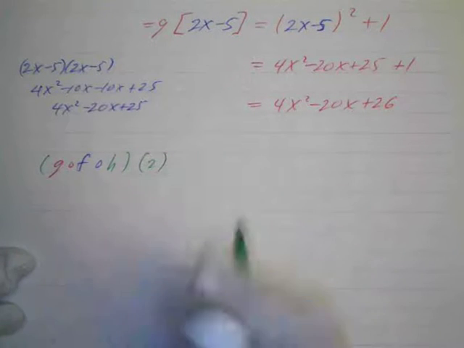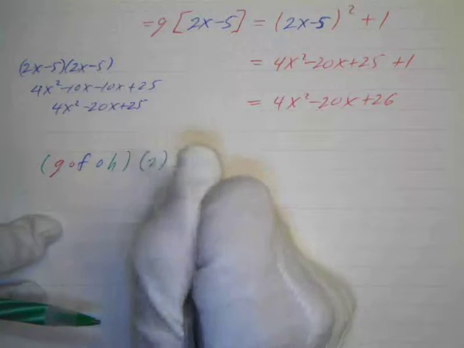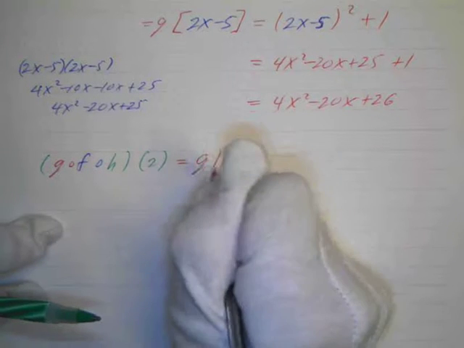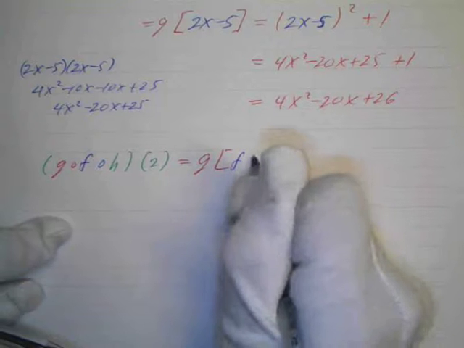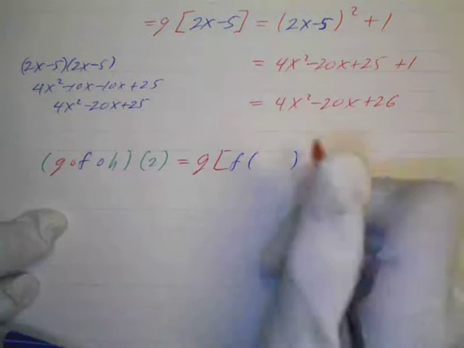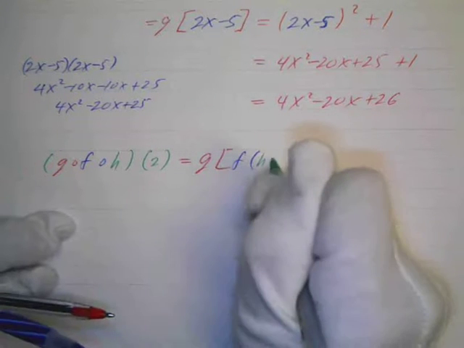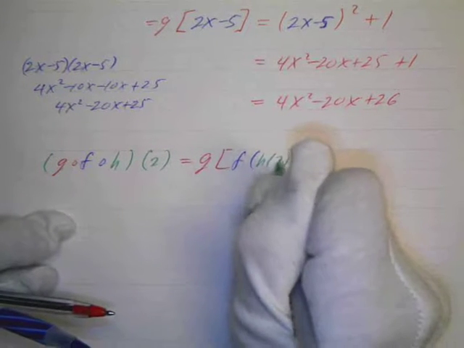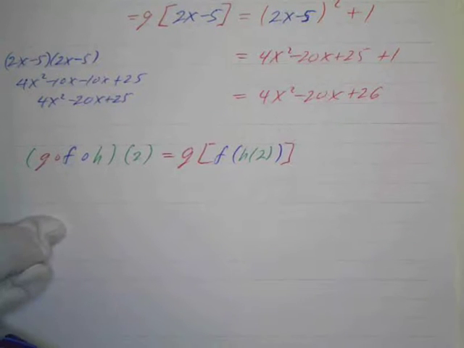We would write it out again in a more meaningful notation: g of f of h of 2. And we would work our way in from the inside out.